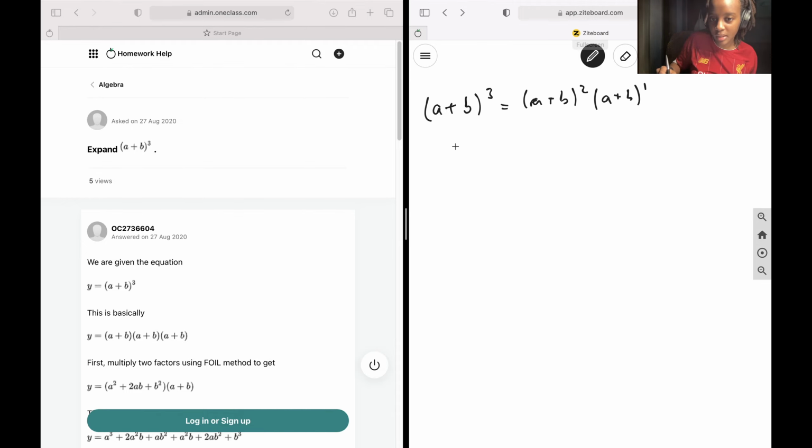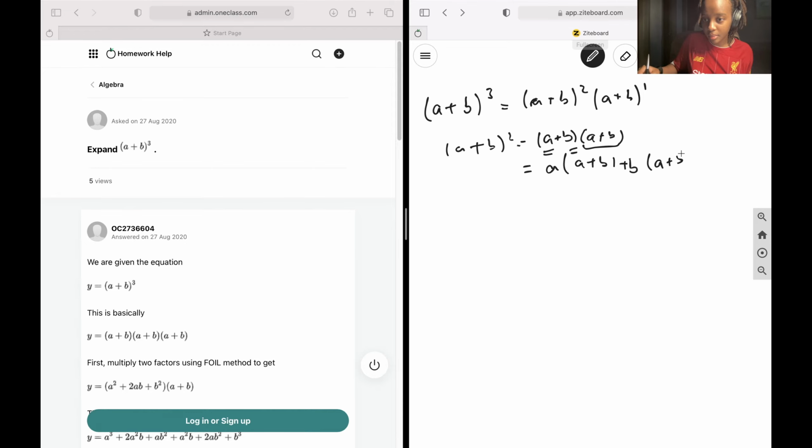And when we want to expand (a + b) squared, we're going to use FOIL, which is just a quick way of remembering how to multiply out these brackets. And so what you do is you take the first part, a, multiply it by the entirety of the second bracket, a plus b, plus the second part, b, times (a + b).